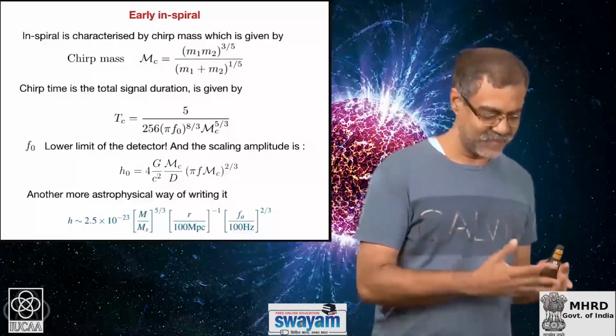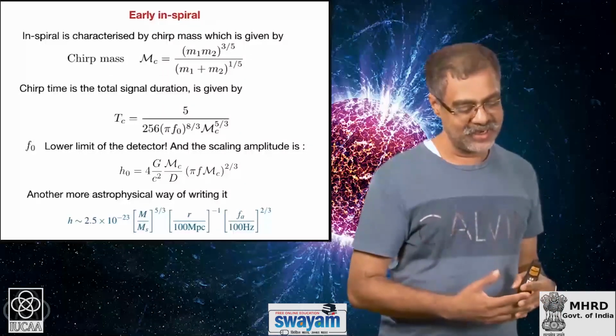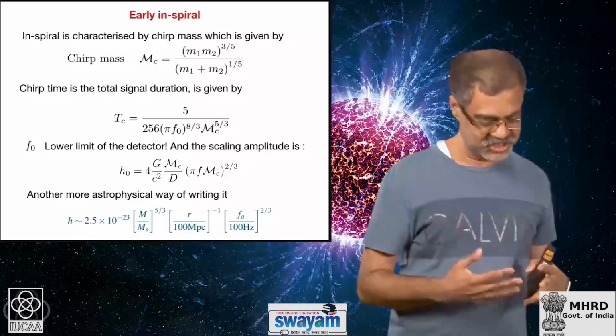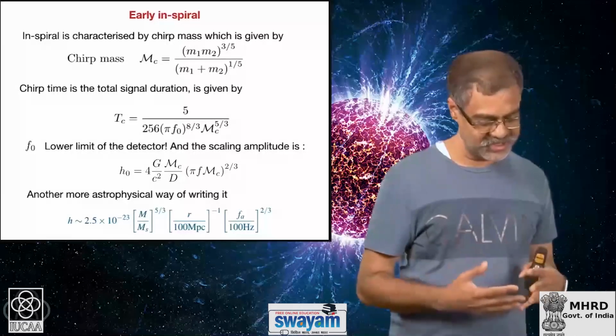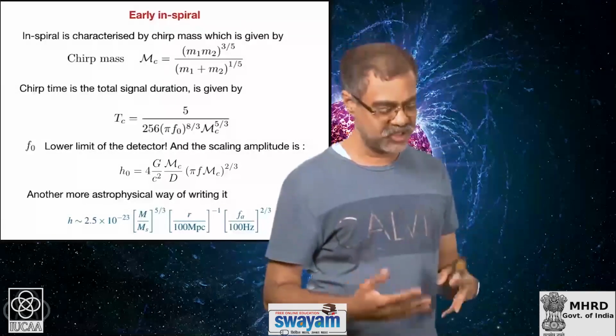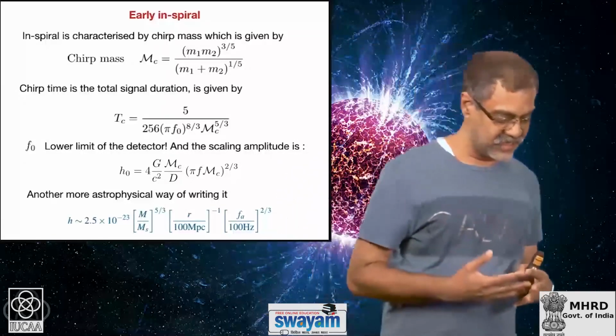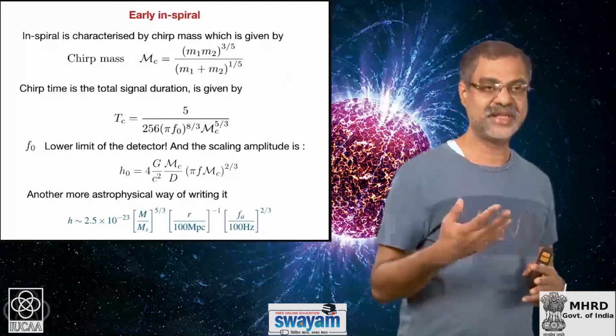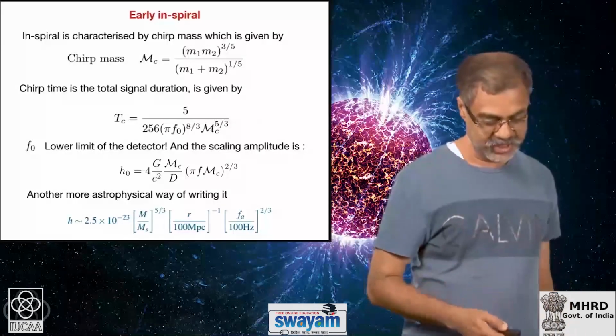That is the main take-home number. If you have a one solar mass chirp mass system coalescing at 100 megaparsec, then the amplitude of radiation seen is about 10 to the power minus 23, and that is what you need to detect.